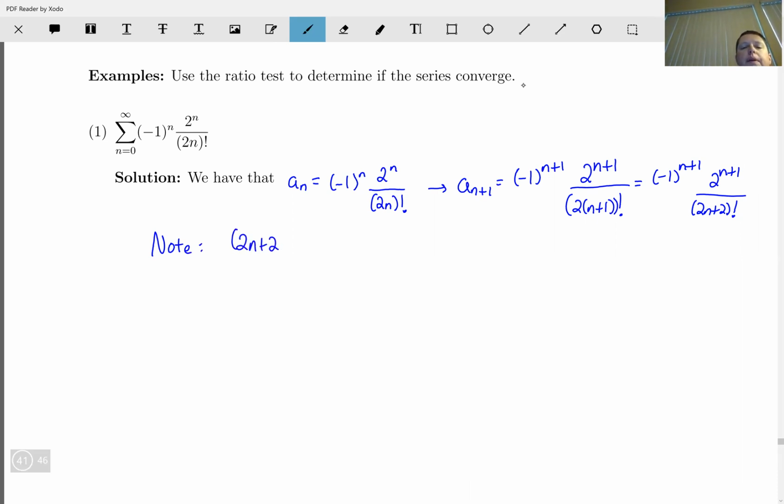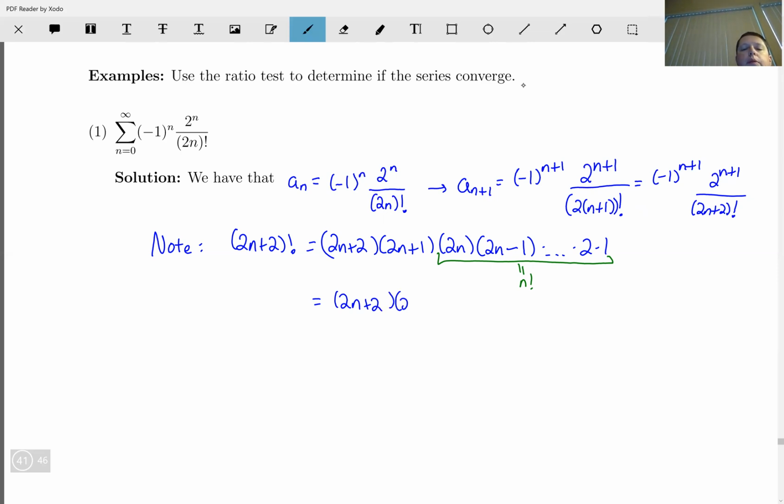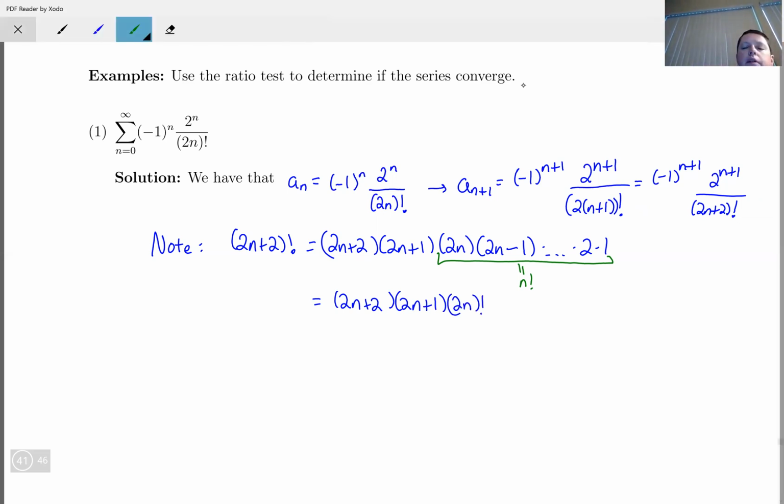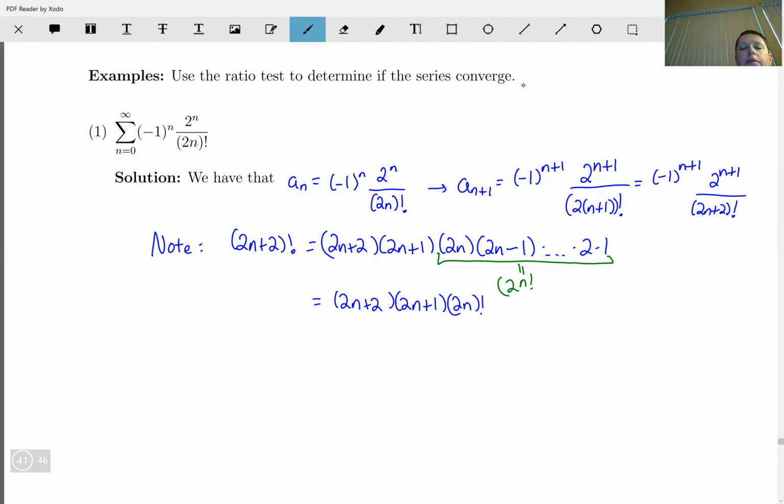First of all, 2n plus 2 factorial is 2n plus 2 times 2n plus 1 times 2n times 2n minus 1 and so on down to 2 times 1. And hopefully you can see that this part is equal to 2n factorial. So we see that 2n plus 2 factorial is 2n plus 2 times 2n plus 1 times 2n factorial.